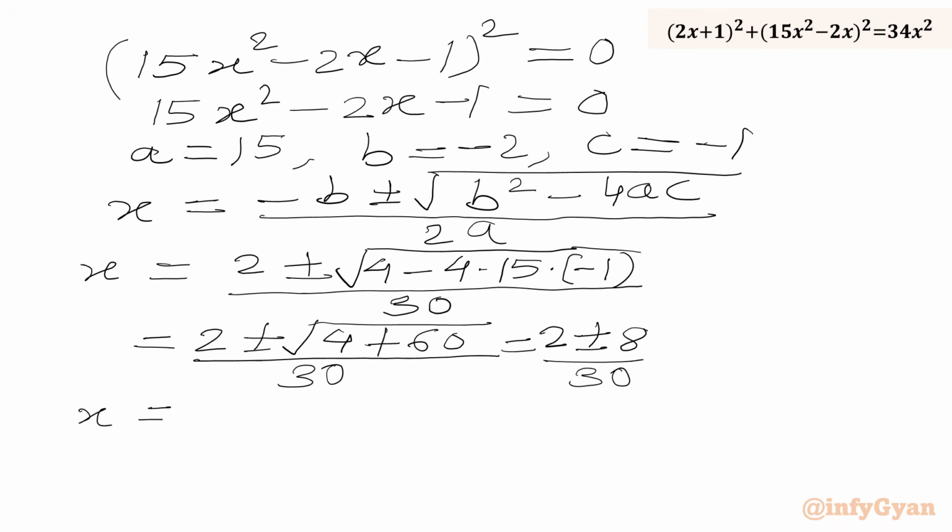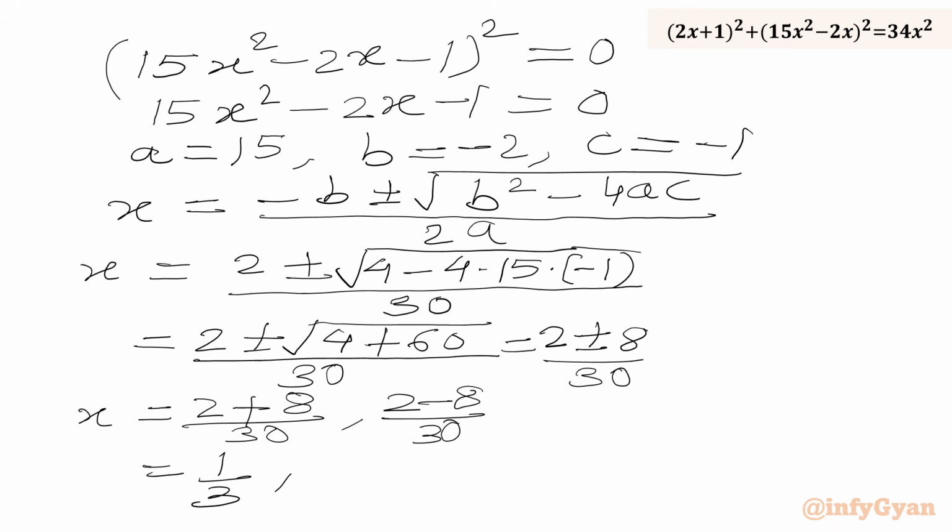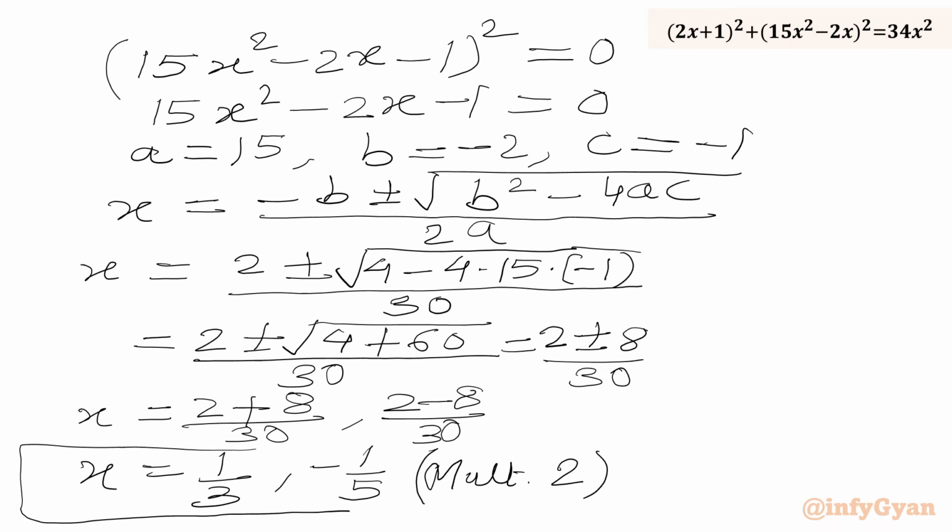So x will be equal to 2 plus 8 over 30, 2 minus 8 over 30. So 2 plus 8 over 30 is 10 over 30, which we'll write 1 over 3. And 2 minus 8 is minus 6 over 30 is minus 1 over 5. With multiplicity 2. So we have roots 1 over 3, 1 over 3, minus 1 over 5, minus 1 over 5 in two ways.